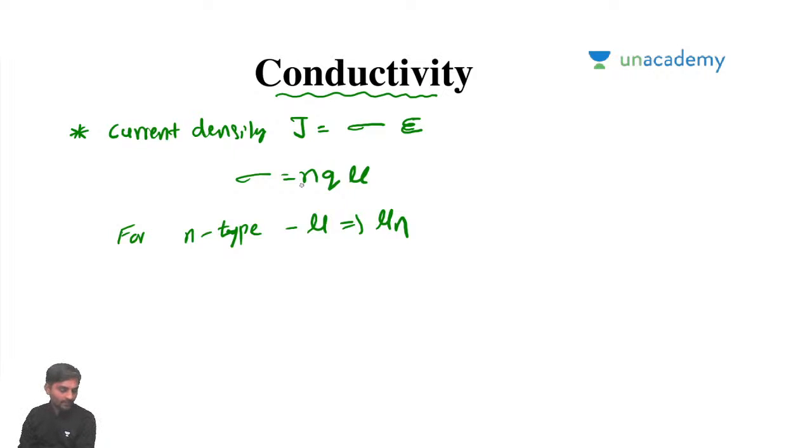For n-type, what are the majority charge carriers? Just now we discussed that electrons are the majority charge carriers. If the electrons are the majority charge carriers, the mobility of the electrons will be very high. For p-type, this mu has to become mu p.